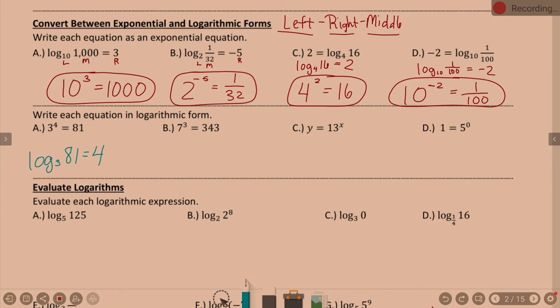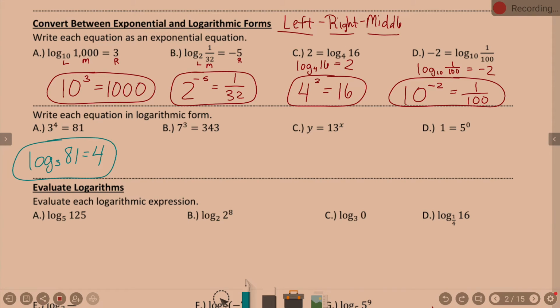Okay, hold on. Now, you can check yourself here by doing a left, right, middle, yes? 3 to the 4th equals 81. You can also, as I said, I like to just keep the base of 3. The base of 3 on the exponent is the base of 3 on the log, but then my 4 and 81 swap there.